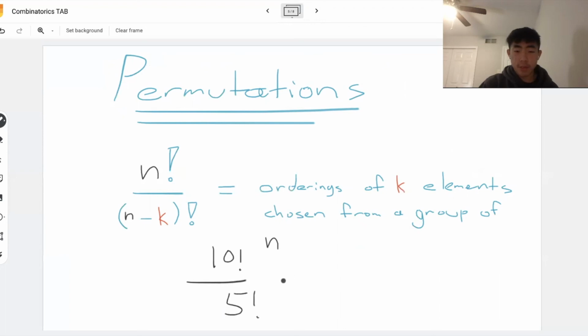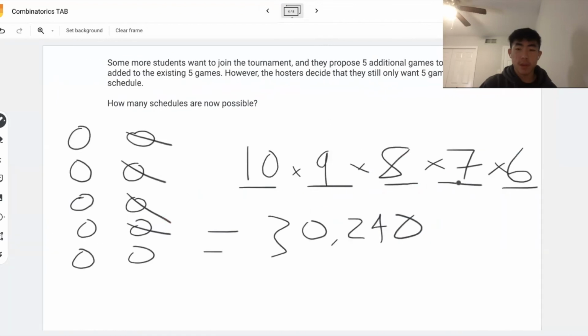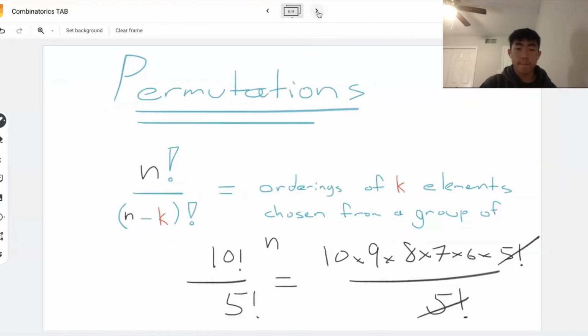If you expand that, that would be 10 times 9 times 8 times 7 times 6 times 5 times 4 times 3 times 2 times 1, and we divide that by 5 factorial. The 5 factorials cancel out, and we're left with 10 times 9 times 8 times 7 times 6, which was our answer for the previous problem.